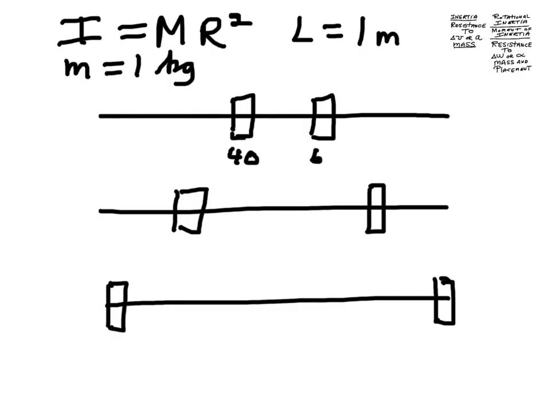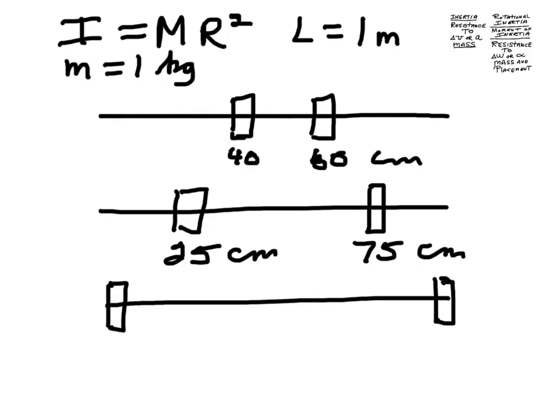So these 2 masses are placed at 40 and 60 centimeters. The next 2 are placed at 25 and 75 centimeters. And the last 2 are at the 0 centimeter mark and the 100 centimeter mark.